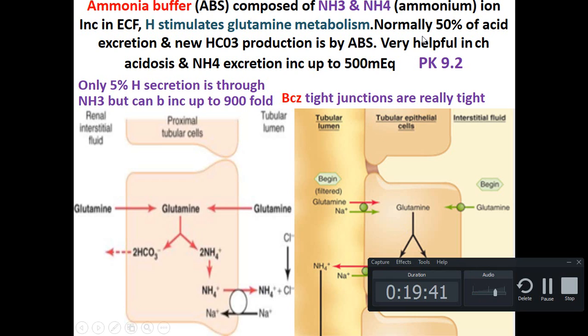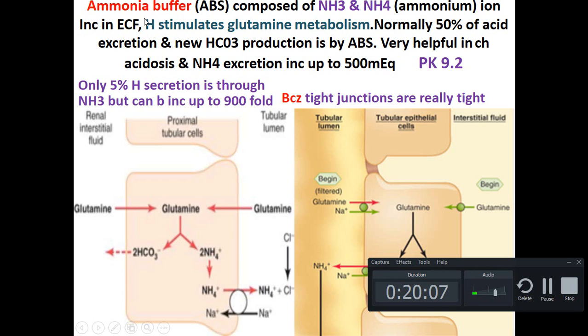This is very helpful in chronic acidosis, and ammonium excretion increases up to 500 milliequivalents. Its pK is 9.2, and it is composed of two very important things, ammonia and ammonium. In the extracellular fluid, hydrogen ion stimulates glutamine metabolism.